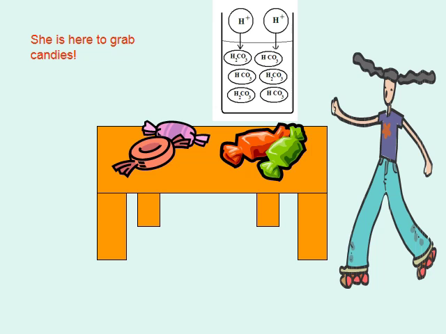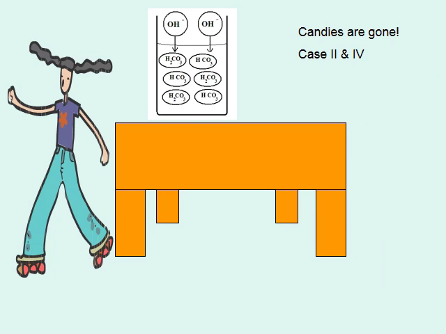So the role of that HCO3 minus would be like this lady who would like to grab candies. Now all the candies are gone. Similarly, when H plus or OH minus is added, if there is some kind of species to grab them, then there'll be no H plus or OH minus lying in the solution to cause any change in pH.